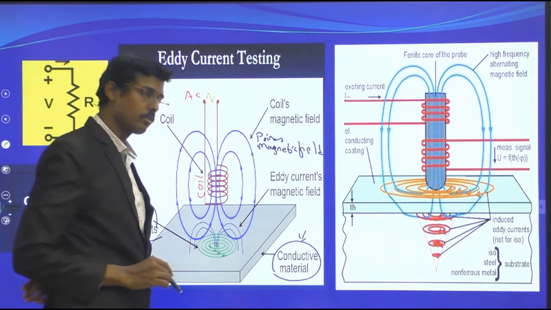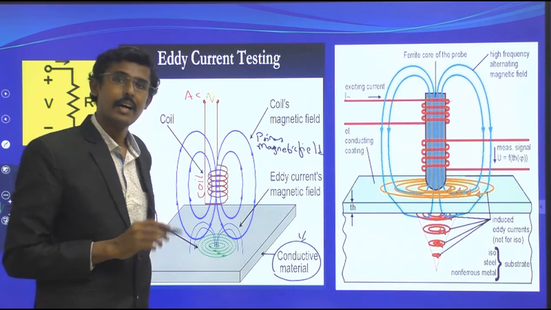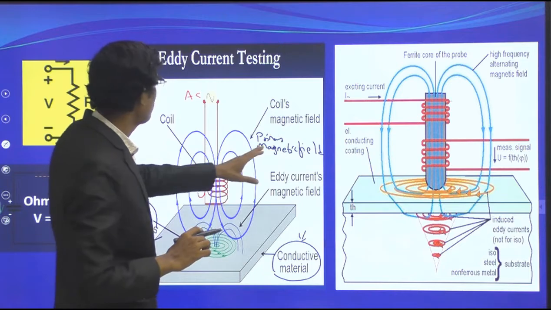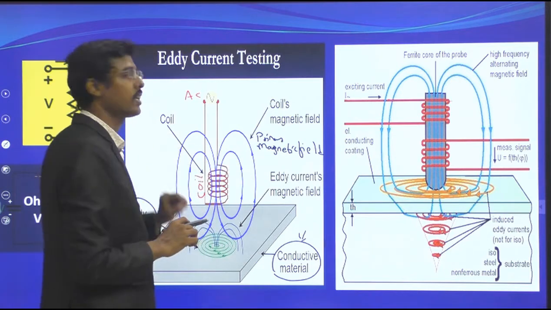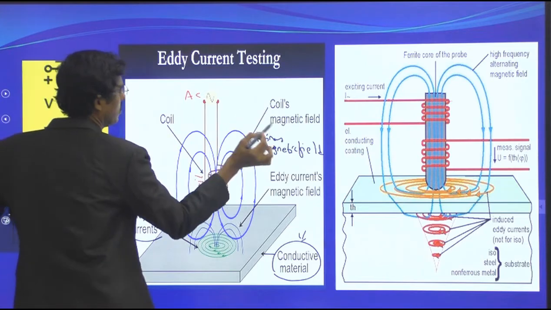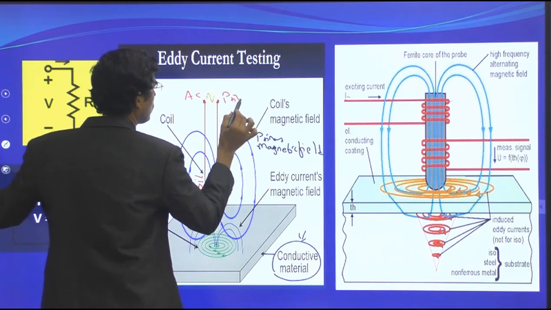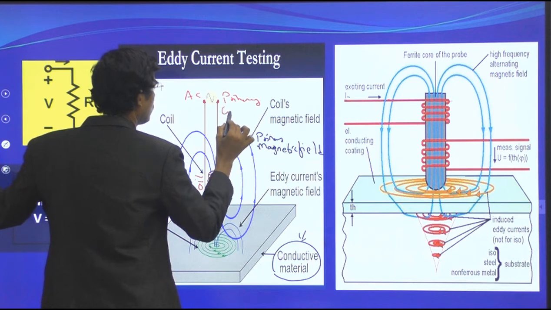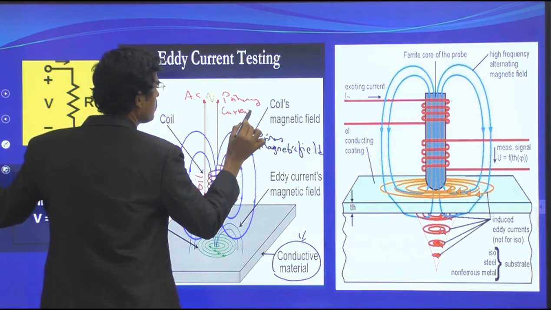Due to the generation of this eddy current, as with the primary magnetic field generated by the primary current. Here I have written this is the primary current.